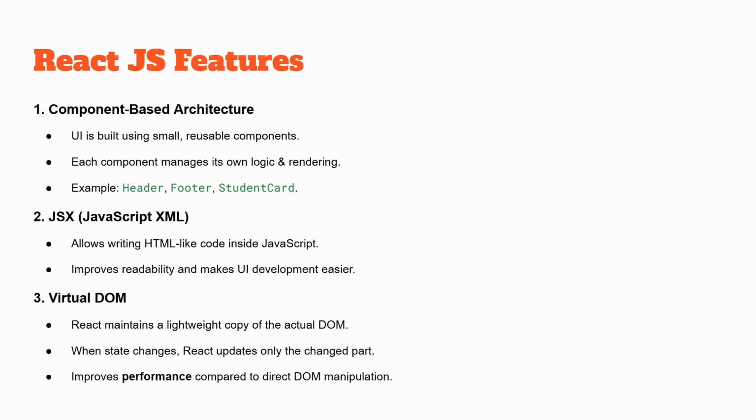For example, if the app has the same header in all the pages, then it's better you create a separate component of the header and then reuse it everywhere else, right? So that is the advantage of using component based architecture.